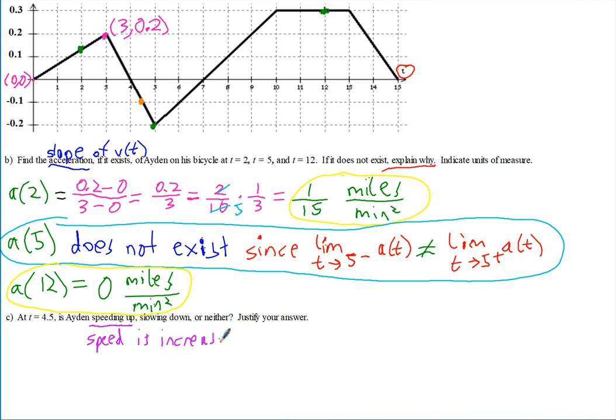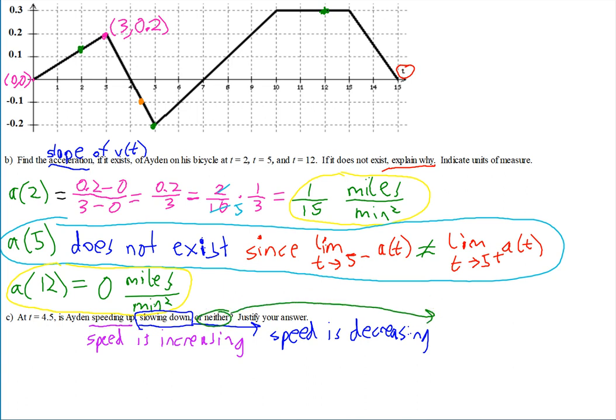Slowing down is another way of saying speed is decreasing. Or neither, that would mean speed is constant if it's not increasing or decreasing. Staying the same.